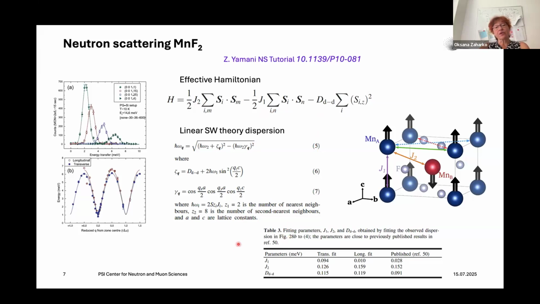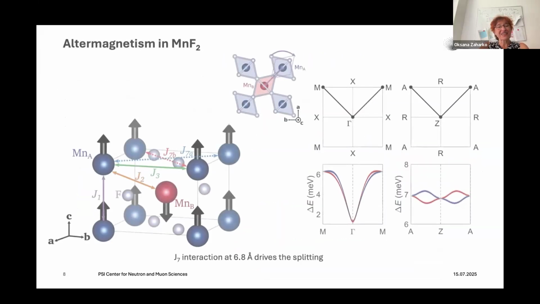So in that manual and in 2 or 3 other articles which were done in the beginning, 10 or 20 years ago, people always considered J1, J2 couplings and the single ion anisotropy for the system, and everybody was happy with the fit of inelastic neutron scattering data. Now, to think about altermagnetism in manganese fluoride, you should go a bit beyond.